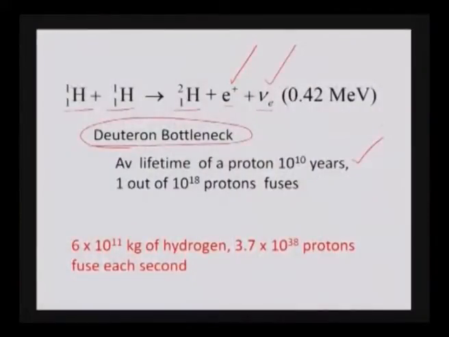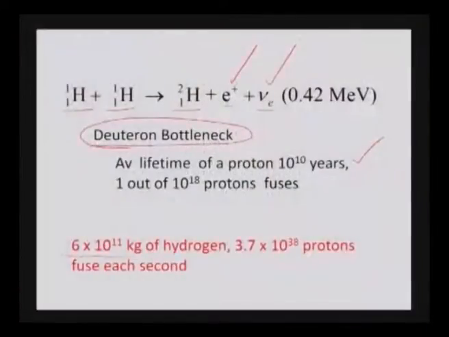So, that lifetime is around 10 to the power 10 years, or 1 out of 10 to the power 18 protons will fuse, extremely low probability, but still, since the total number of protons present is so large that even at this low probability, some 6 into 10 to the power 11 kilograms of hydrogen or 3.7 into 10 to the power 38 protons fuse every second inside the core of the sun. So, that is the first step of this, and that makes a deuteron.